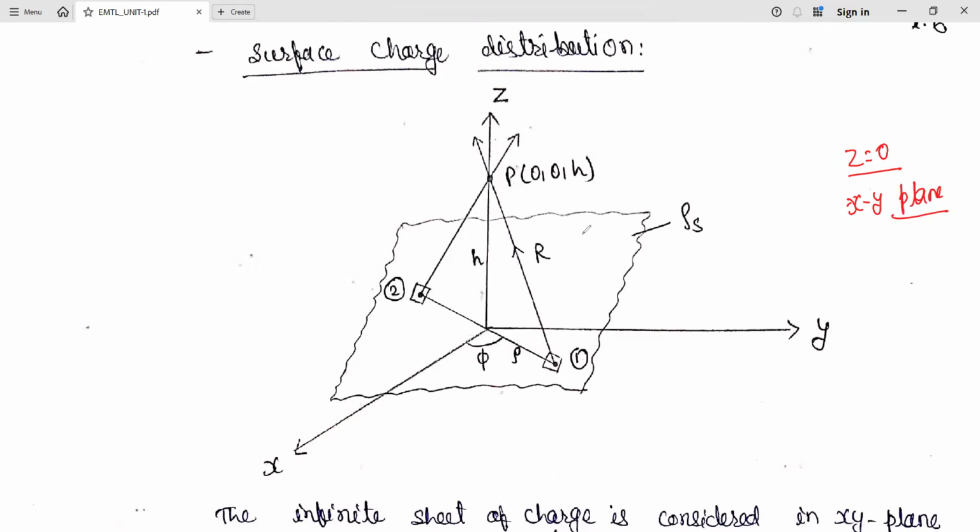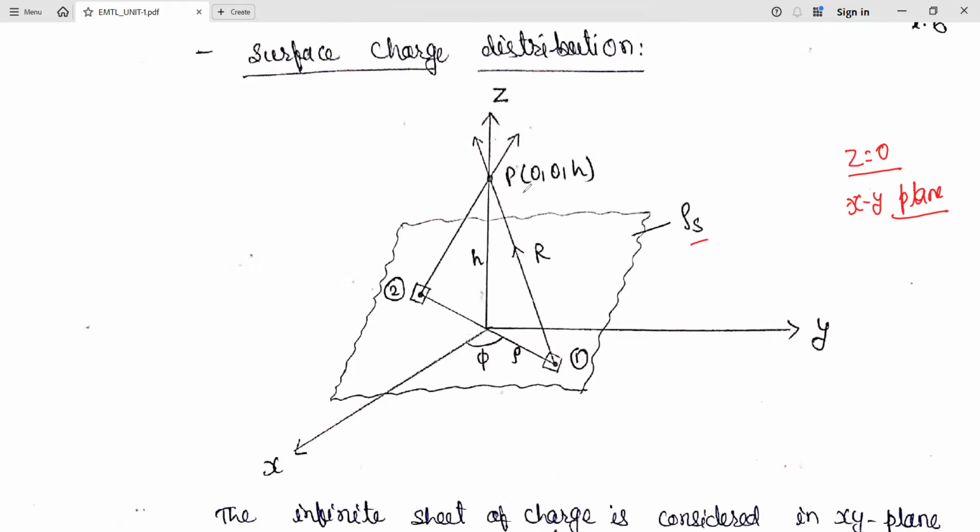Now, to understand the charge density of this surface charge, we have already seen earlier that the surface charge density is rho s. Now we are trying to find the electric field intensity at the point P. For symmetry purposes, and for easier calculation, this point P is considered to be located on the z axis at a height of h.